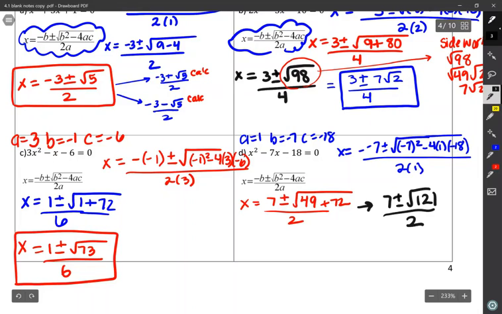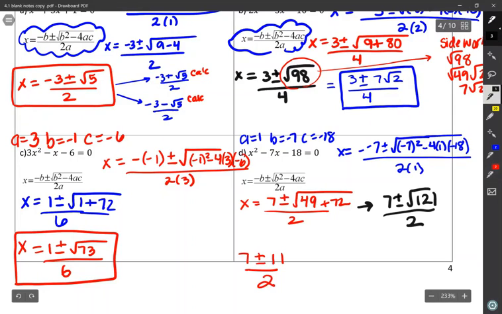Okay, then be careful with how you reduce this. We ended up with 7 plus or minus the square root of 121 over 2, but the square root of 121 is 11. So this is actually 7 plus or minus 11 over 2.